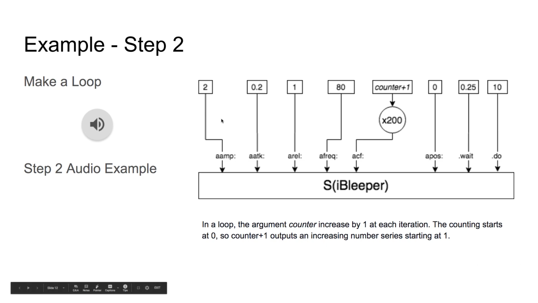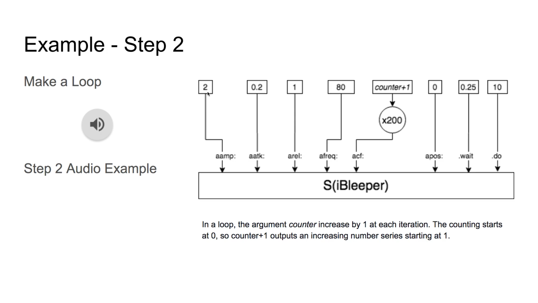So in a loop, I can change the dot wait, meaning that, for example, if I have a 0.25 dot wait, that means every 0.25 seconds I'm going to trigger something. And also, how many times is it going to trigger? It's going to trigger 10 times. So what you're going to hear is 10 notes, each 0.25 seconds long.